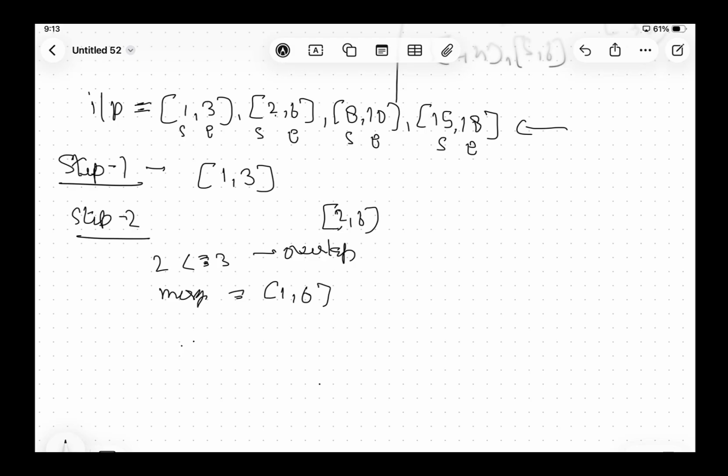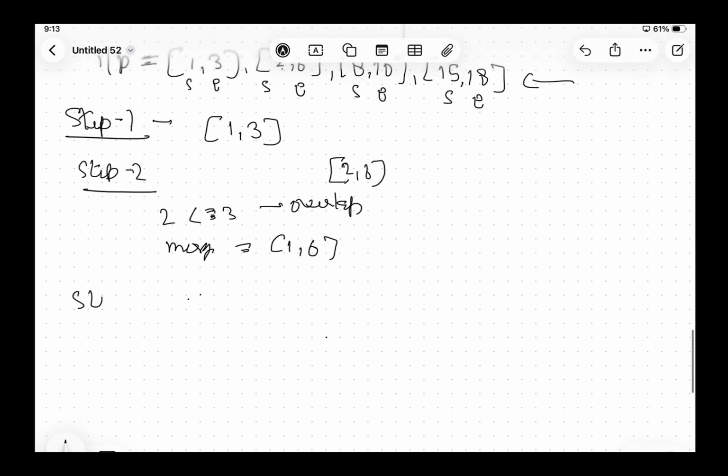Hope till now we are okay, right? Now step 3. I compare the next element with 1, 6, which is the processed one. The next one is 8, 10.